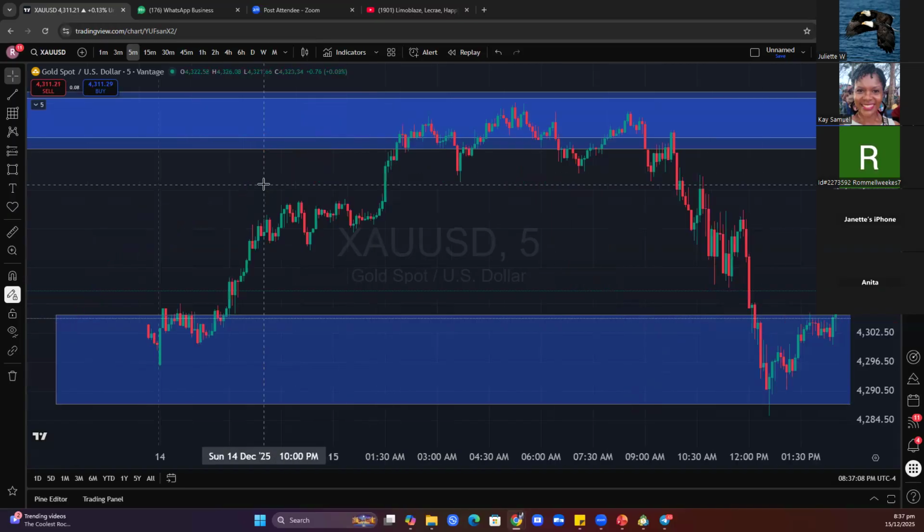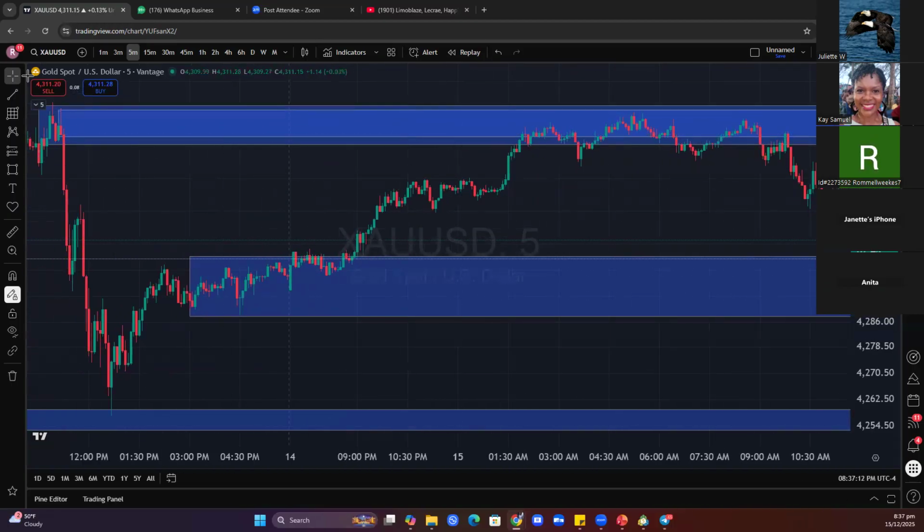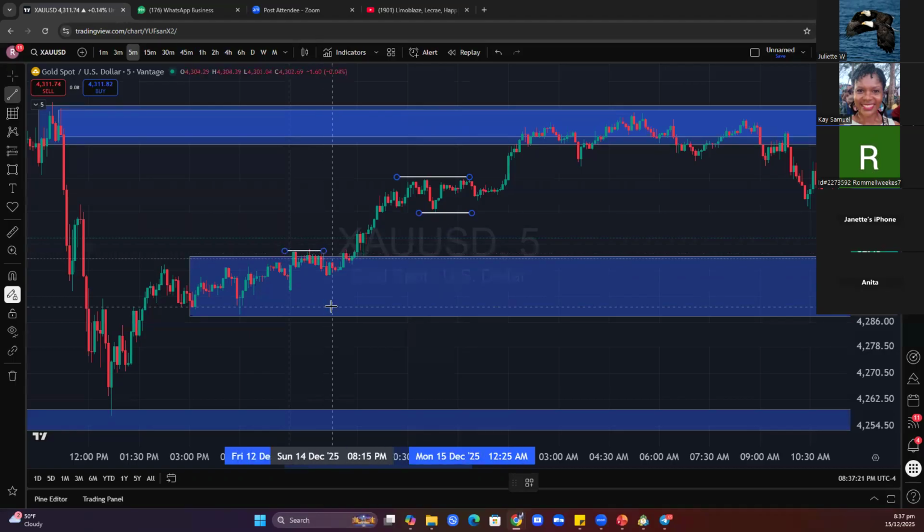Because remember, if price is in your area here and you're looking for sells, look at it like this. Right now, price is creating higher lows and higher highs.